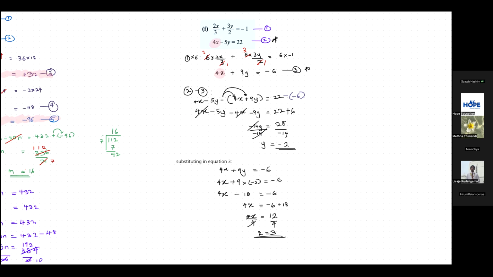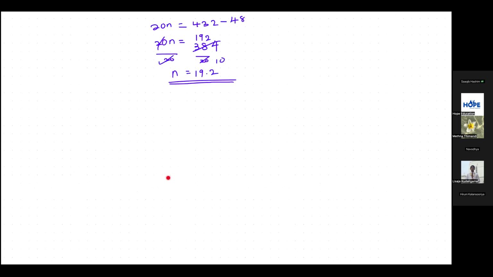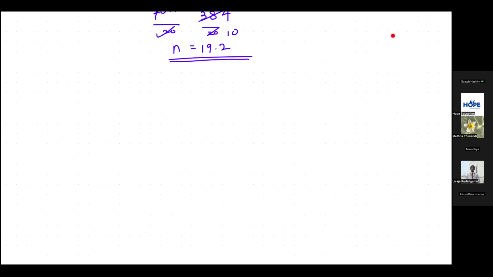So let's go to quadratic equations. Put a topic: quadratic equations.